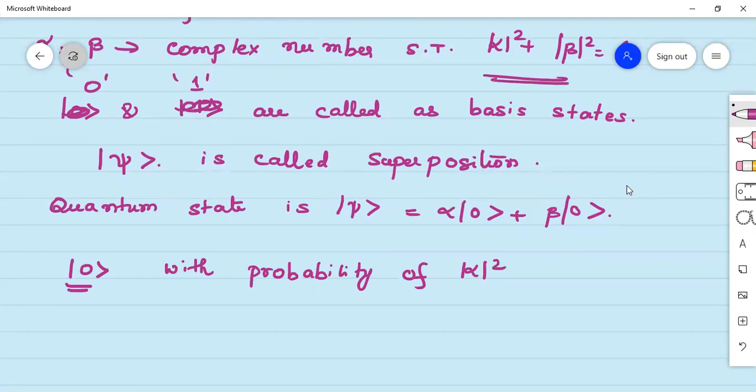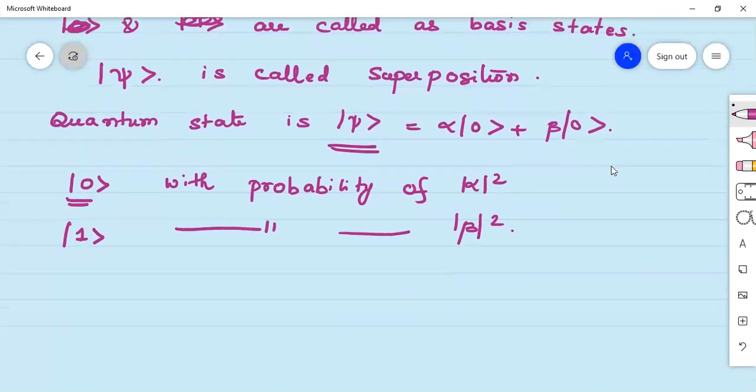Remember this, right? And when you measure this state, you might get 1 with the probability of beta square. Okay, I know it's very difficult for us to visualize this using our classical thinking, but this is the source of the power which is there for quantum computers.